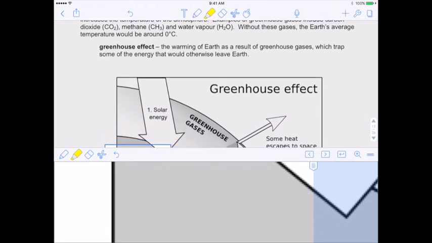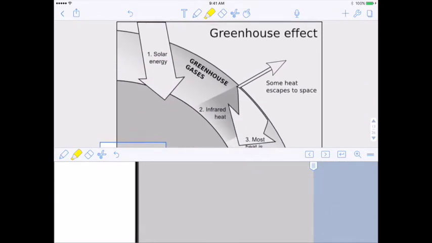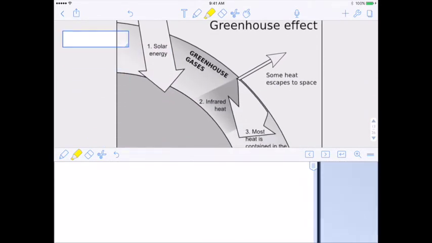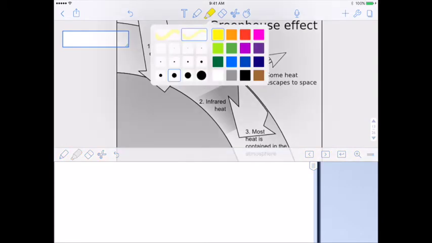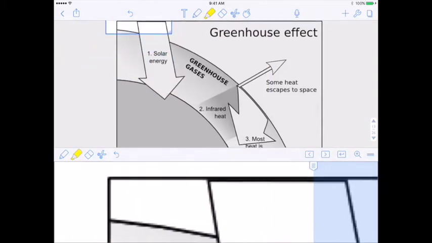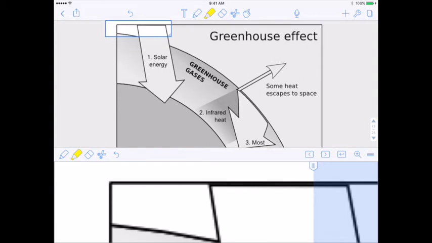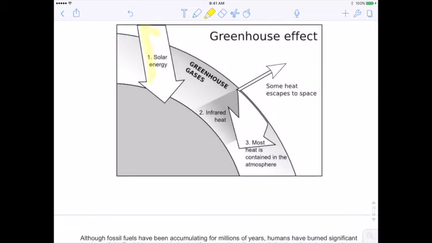This diagram here demonstrates what happens when solar energy reaches the surface of the Earth. So the sun shines its energy down onto the Earth, and most of it bounces right off of the Earth's surface, especially if the surface is covered in ice or water, because both of those materials reflect the sun's energy.